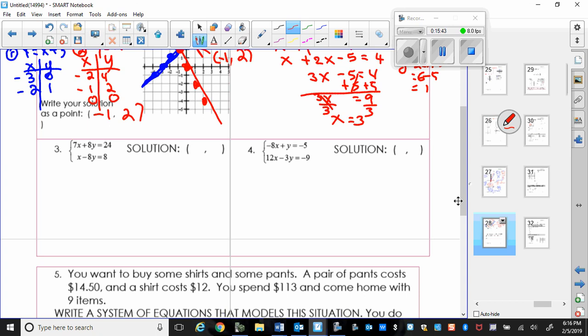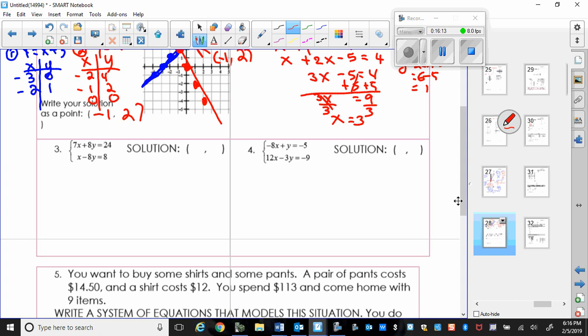I think for this one, since I have two terms where the coefficients are the same and they're opposite and it's in standard form, I better use elimination and solve for x first. And then I'm going to solve for y. Number 4, I could use elimination, but I think it's best to just solve for y for one of these equations and use substitution. So I'm going to choose substitution for number 4. You can make your choice how you want to do that.